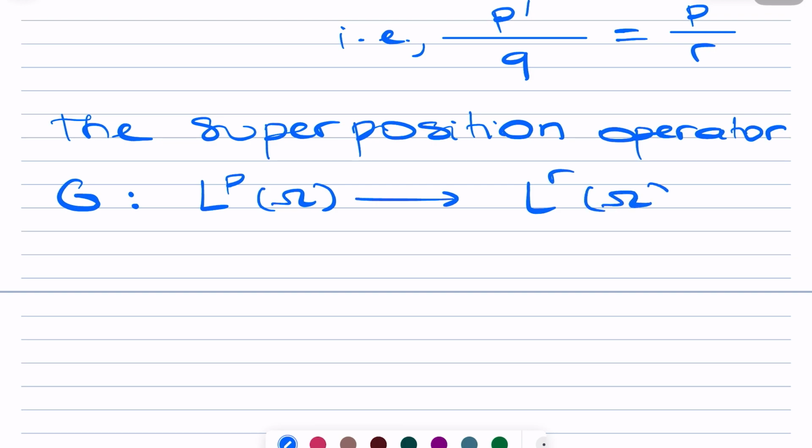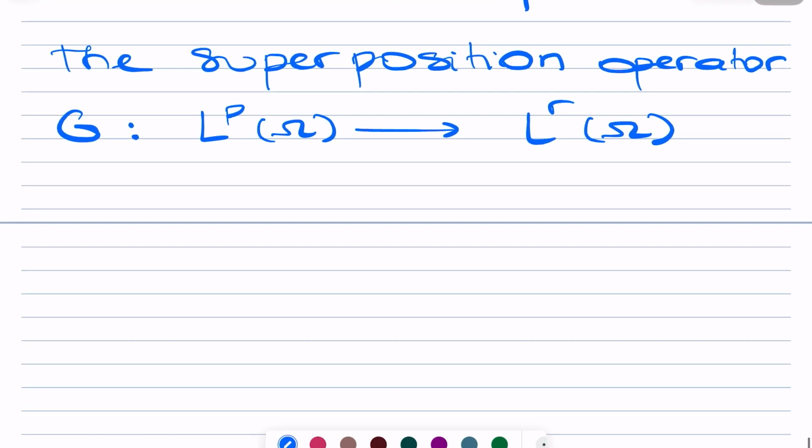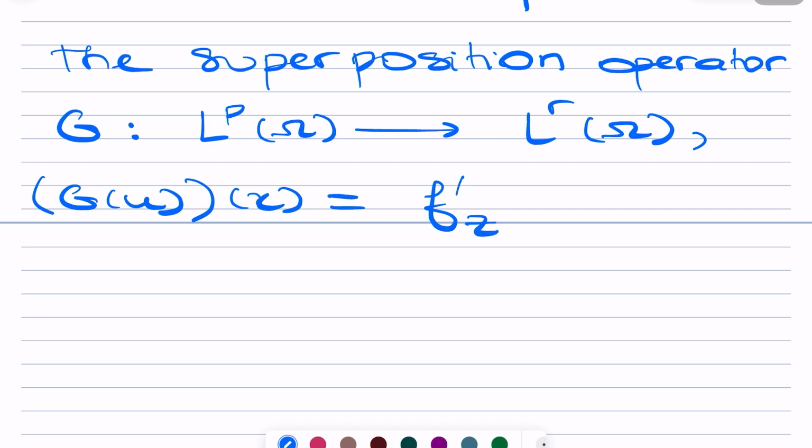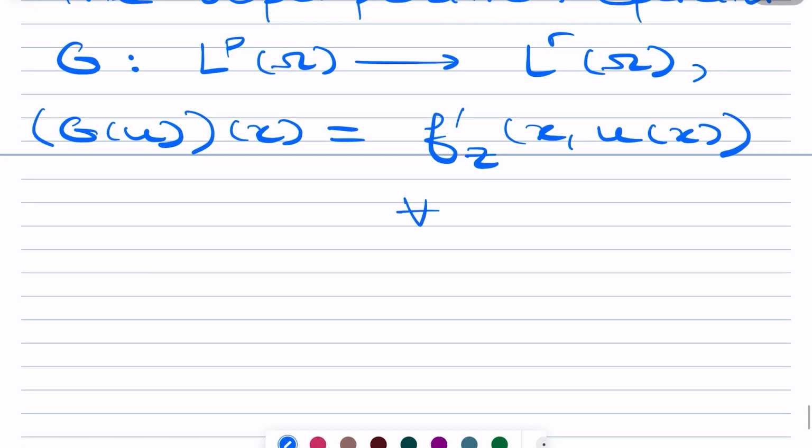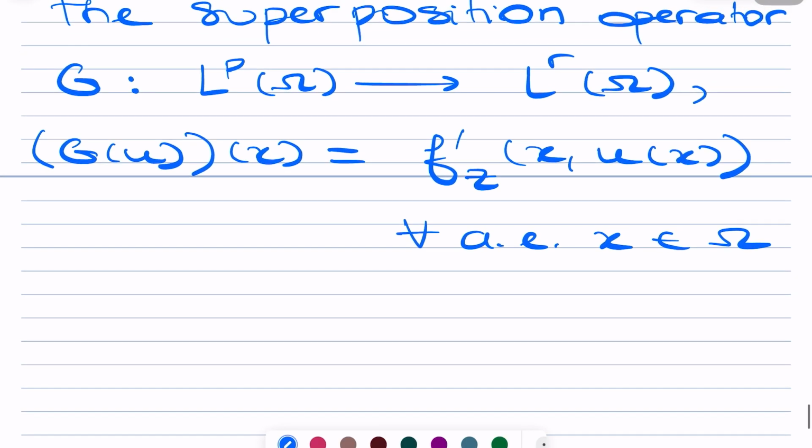The full expression is G u of x equal to the partial derivative of f with respect to z at the point x, u of x, for, of course, almost every x in omega. So it follows that this superposition operator is well defined.